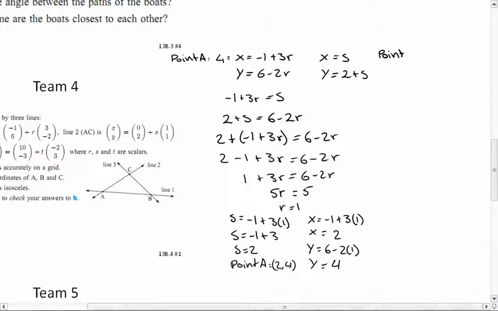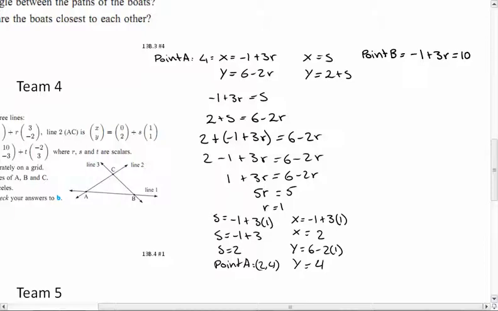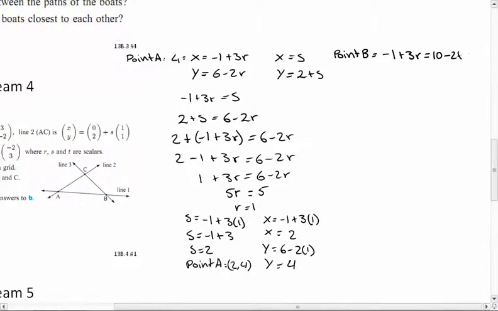Point B is negative 3 plus 3r equals 10 minus 2t, and then that is 3r equals 11 minus 2t, which gives r equals 11 over 3 minus 2t over 3.